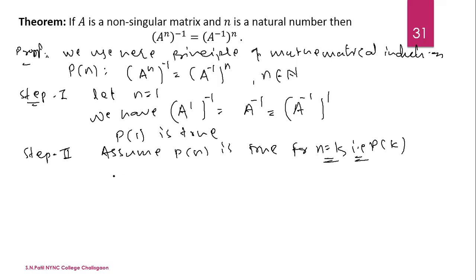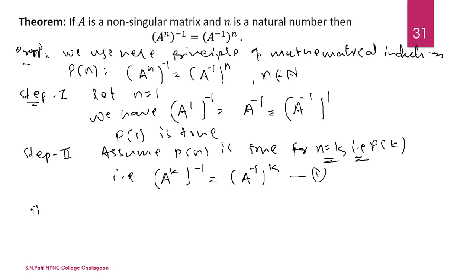That is, A raised to k raised to minus 1 is equal to A raised to minus 1 raised to k. Say equation number 1. Now we prove for k plus 1.